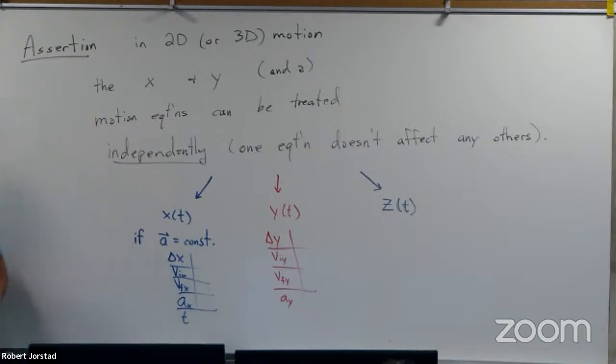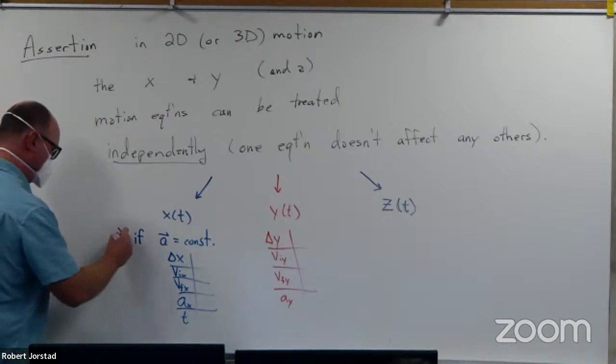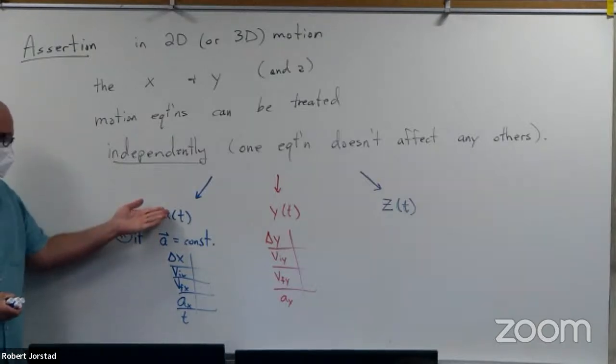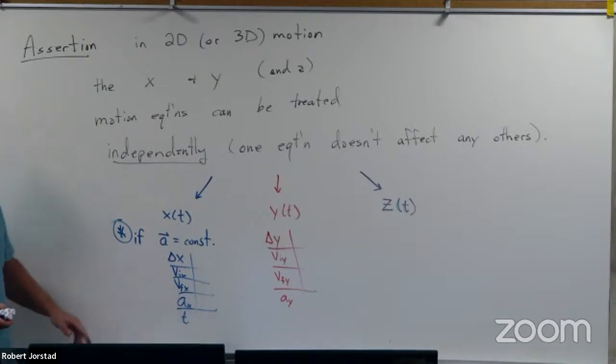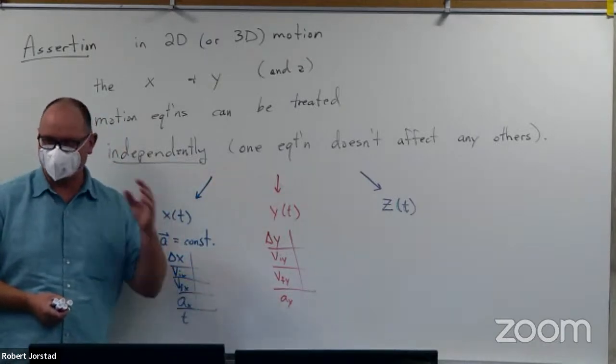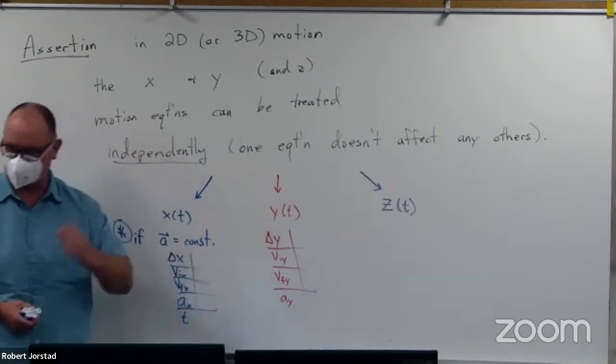In particular, this is useful because if acceleration is a constant, we could treat the X motion like the speeder and the Y motion like the cop from last time. Remember when we did two-stage problems, there was a cop and a speeder?